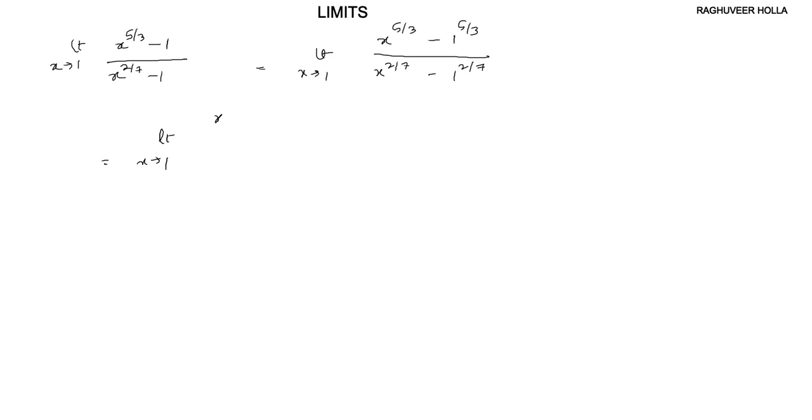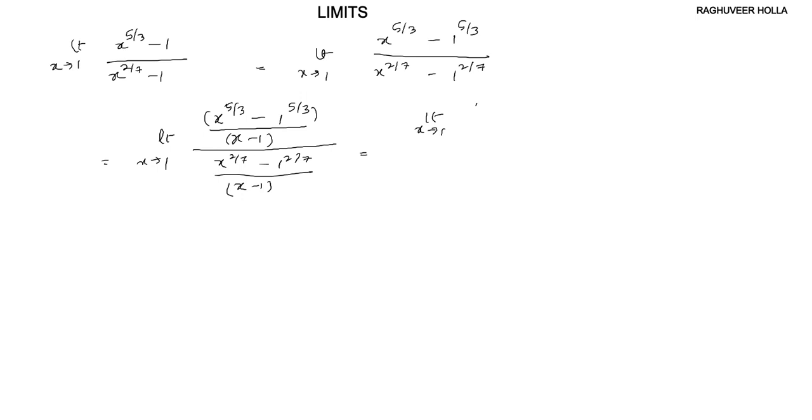Yeah, and now the limit as x tends to 1. So this I can write as (x to the power of 5/3 minus 1 to the power of 5/3) divided by (x minus 1), and this divided by (x to the power of 2/7 minus 1 to the power of 2/7) divided by (x minus 1), or I'll take the limits separately.